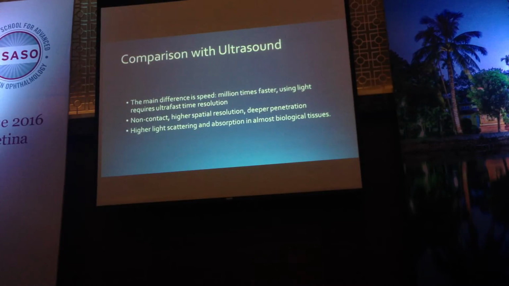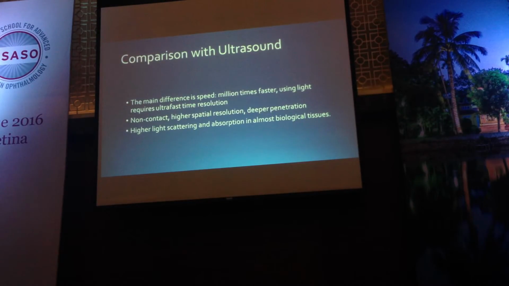When we think about the basic concept of using OCT, we always think of it as a comparison to ultrasound. Right? It uses the same concept of sending light or sound into the tissue, and then the light or sound is scattered back, and we detect the sound or the light which is reflected back.